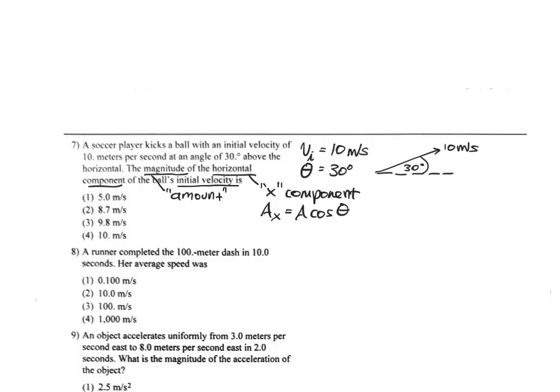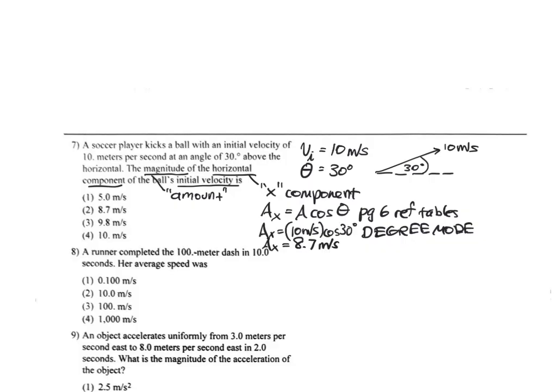That's on page 6 of the reference tables. Make sure you're in degree mode. So when we do 10 times the cosine of 30, we get 8.7 meters per second. If we were looking at this sketch that I drew up here, that would be this component here, the horizontal component of this vector. If the magnitude of the vector is 10 meters per second, the horizontal component is 8.7 meters per second.